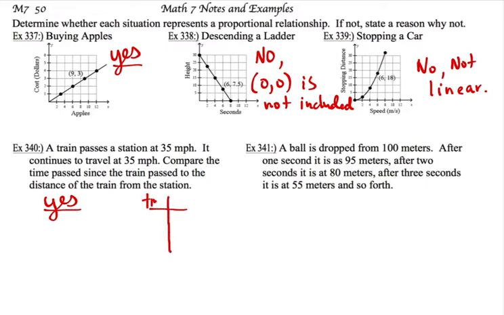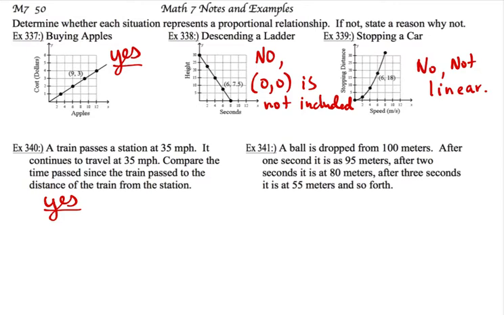If we have the time in hours compared to the distance in miles, at the beginning it's right there at the station. After 1 hour it's 35 miles away. 2 hours it's 70. 3 hours it's 105. So yeah, it is proportional. The main reason this one's proportional is because it is a constant unit rate.